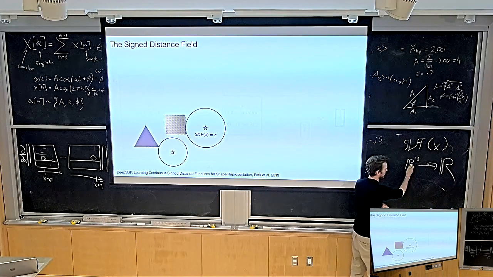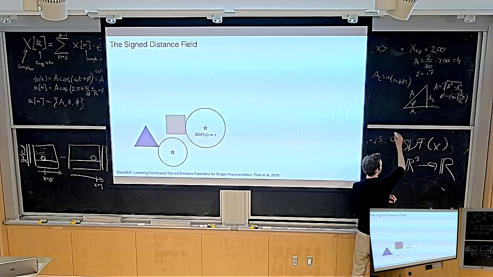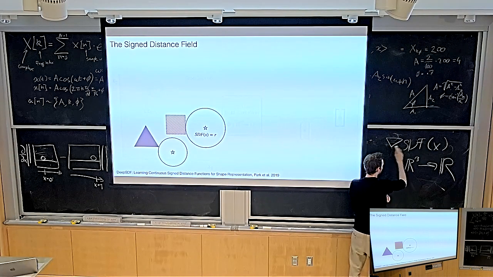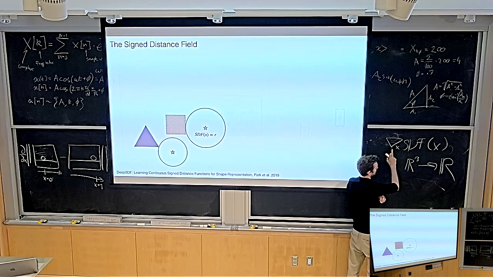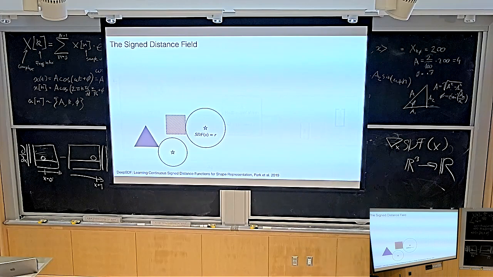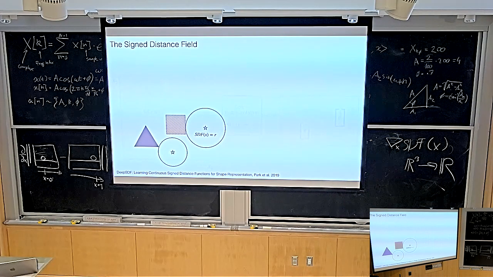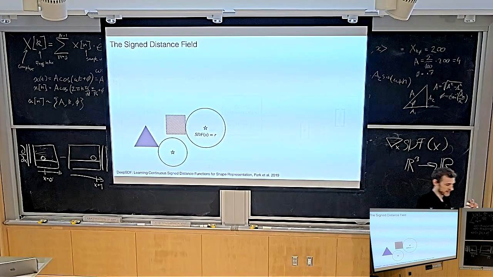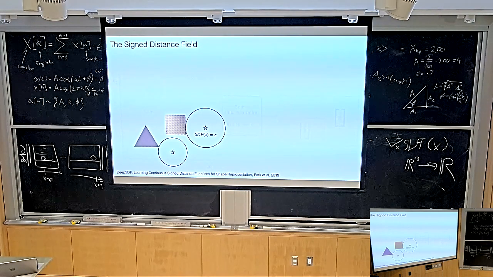It maps a 3D point to R. What is the dimensionality of the gradient of the signed distance function with respect to its input? 3. It's a three-dimensional vector, right? And why is that? The gradient, okay, and if I give you any function, which direction does the gradient point into? Calculus.